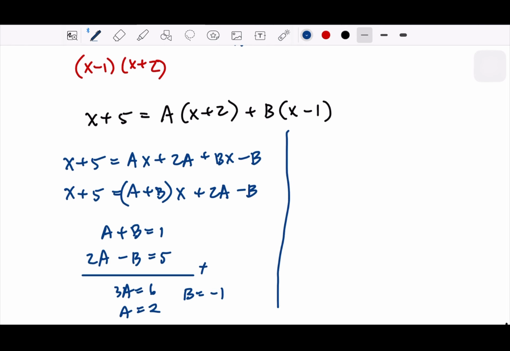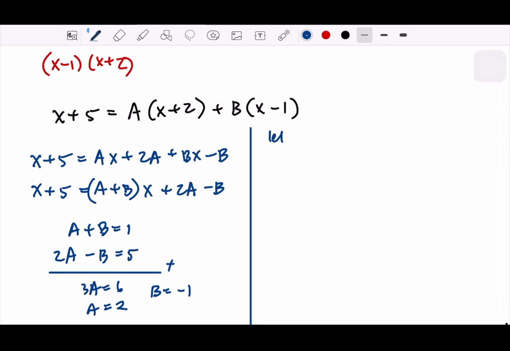Or let me give you an alternative approach that I think may be better. We can let x first equal 1, so that all the b part will be 0. So we have 6 equal to 3a, so a equals 2. And for the other part, let x equal negative 2.